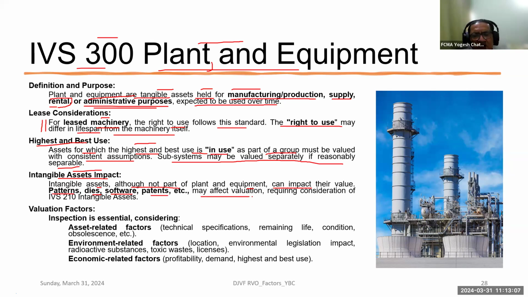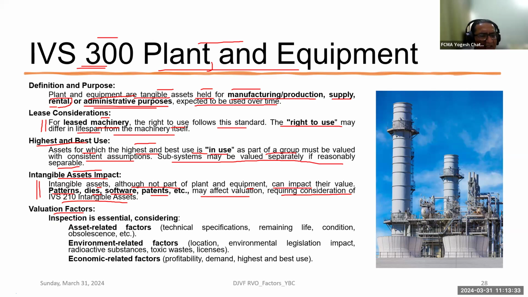These may affect the valuation, requiring a consideration of IVS 210. Either the intangible asset can be covered, or it needs to be valued under IVS 210 or under 300, depending upon the ground reality of each case, the information, data and detail available with the valuer at that particular time.